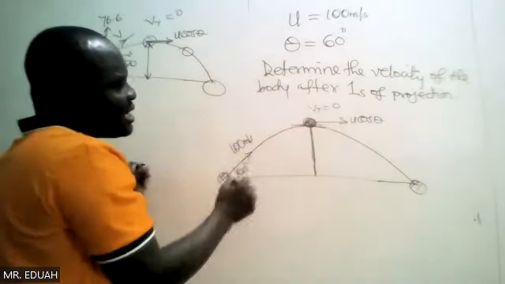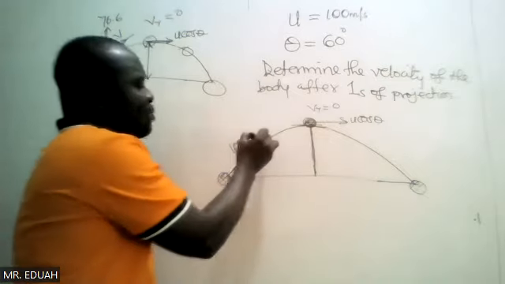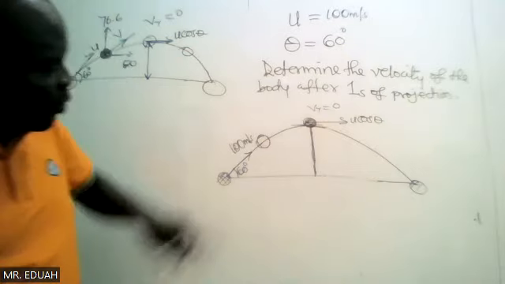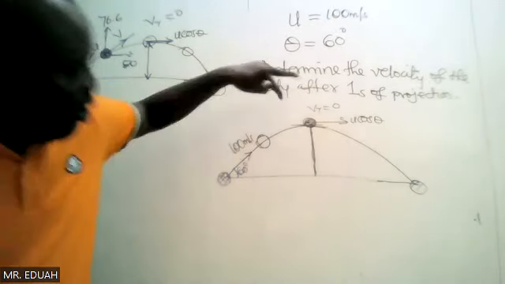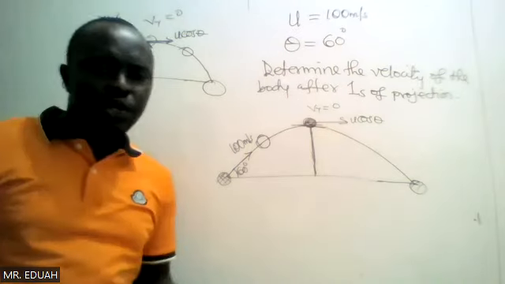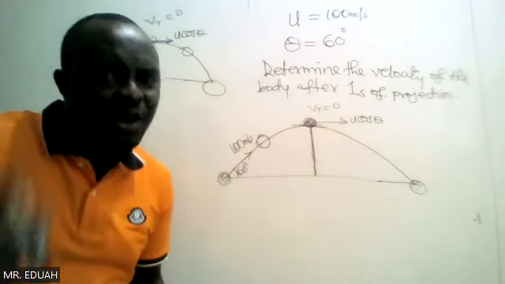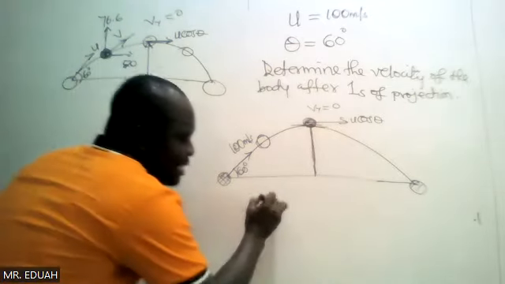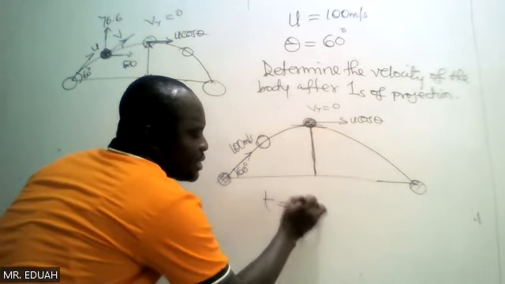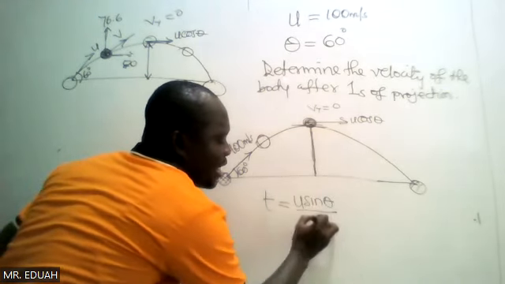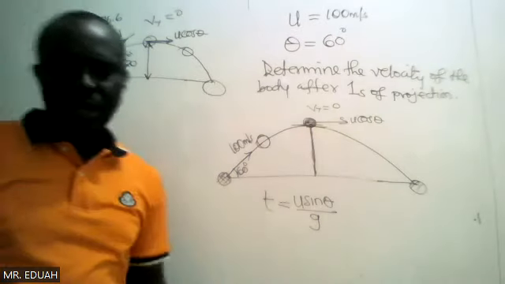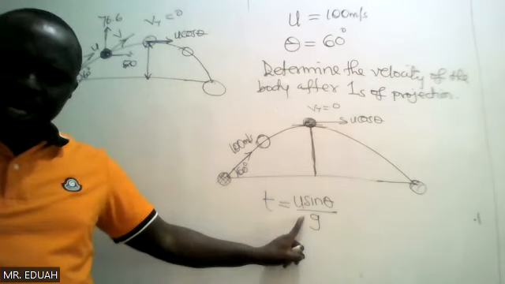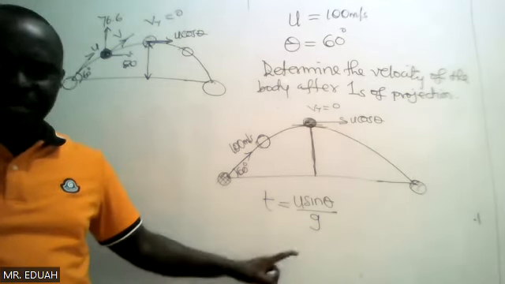Let's assume after 1 second the body is here, but I have to determine whether the body truly is here or is at the maximum height. What will inform my decision? I can calculate the time taken to reach the maximum height, which is u sine theta over g. This will help me get the time taken to reach the maximum height.